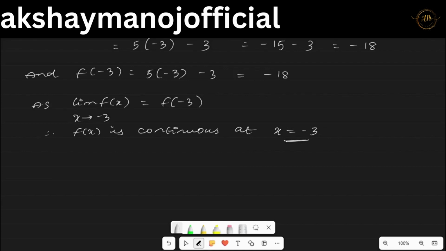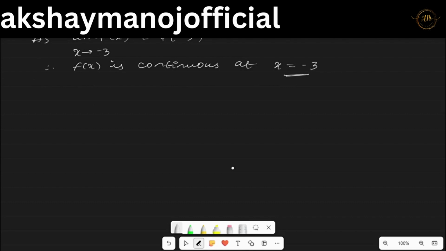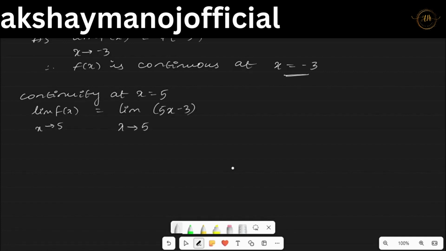There's one more condition. Continuity at x equals 5. So limit of f of x as x tends to 5 is equal to limit of 5x minus 3 as x tends to 5, is equal to 5 into 5 minus 3. 5 into 5 is 25. 25 minus 3 is 22.